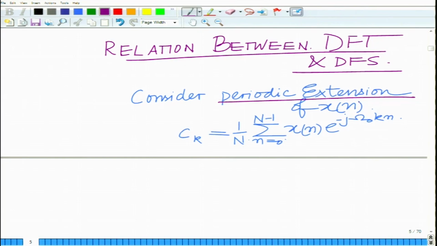So, we are extending it periodically, which means we are repeating the same sequence x[n] periodically.